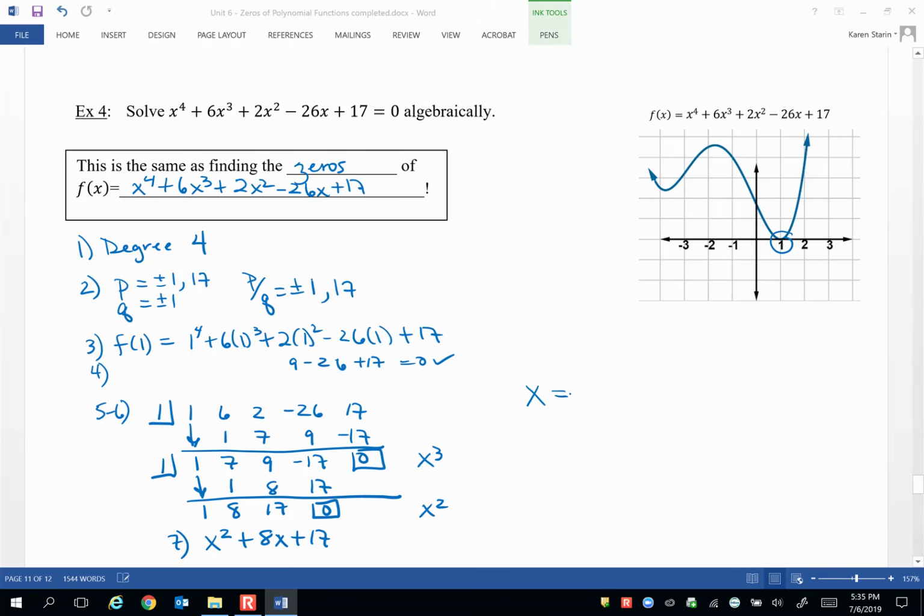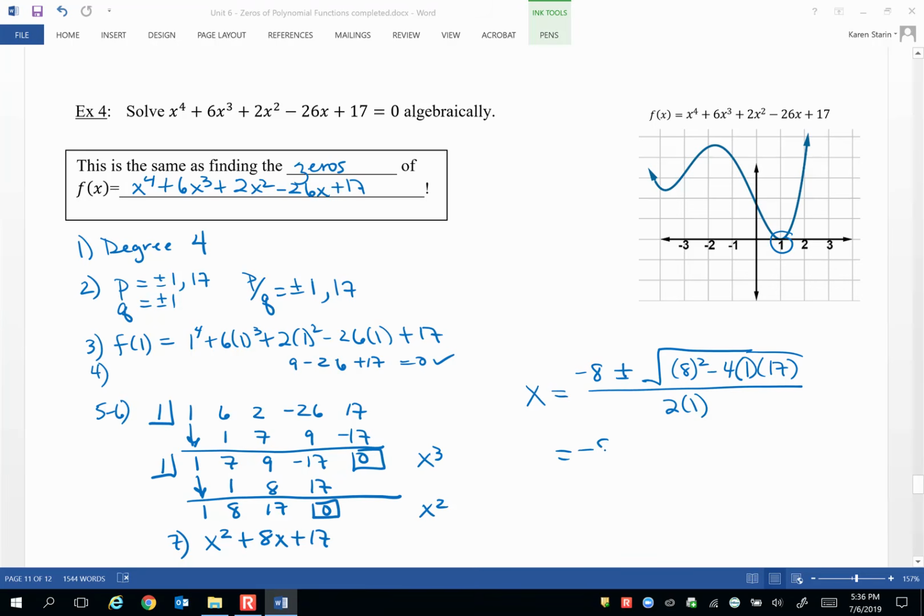So remember that's negative b, so negative 8 plus or minus the square root of b squared, so 8 squared minus 4 times a, which is 1, times c, which is 17. And that's all divided by 2 times a, which is 1, so just divided by 2.